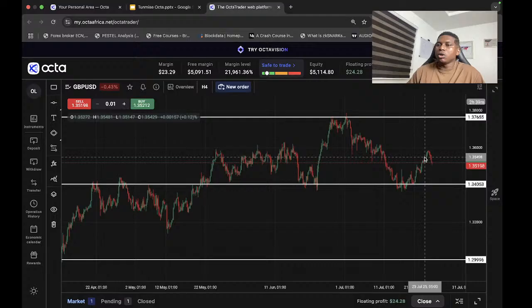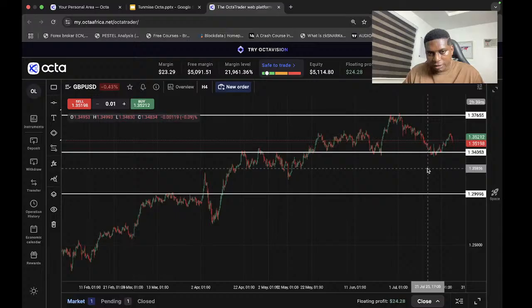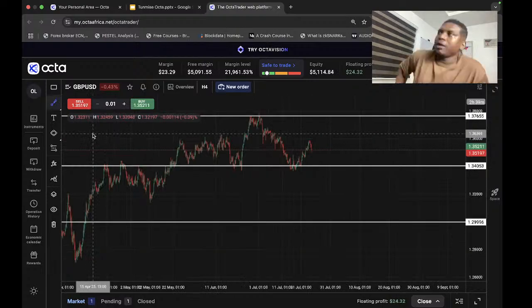If you zoom in and out, you definitely see that there are some key levels that might determine the next direction of price, and those key levels are what we're going to examine.